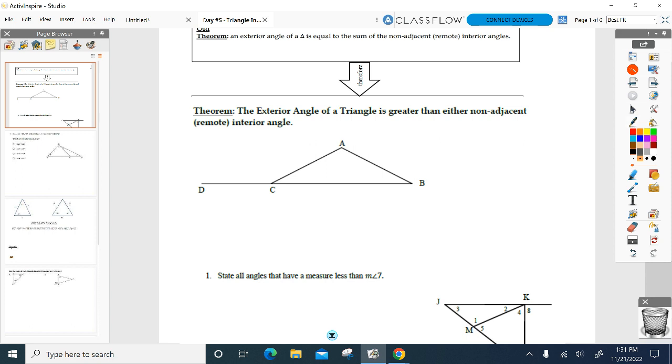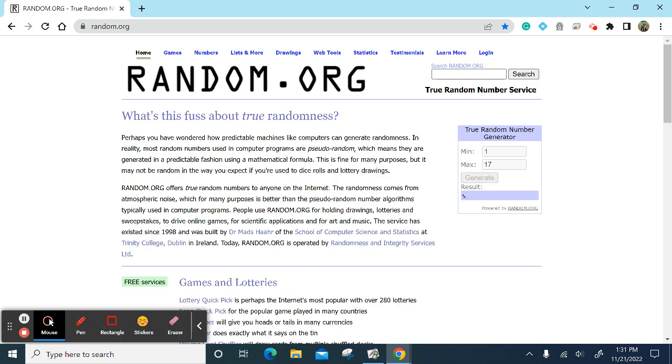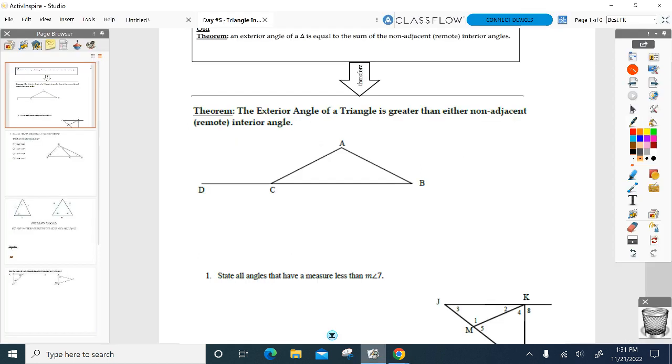Could somebody give me the exterior angle for triangle ABC?